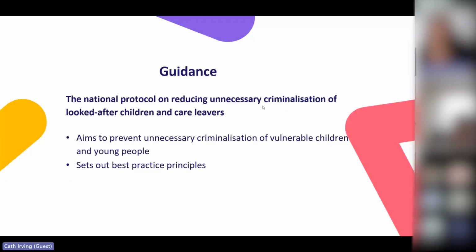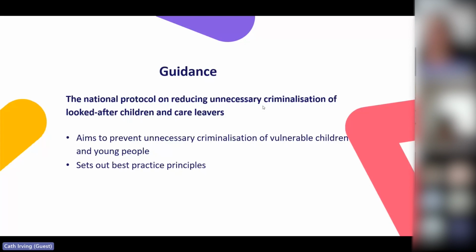So the guidance: we've got the looked after children national protocol. Looked after children and care leavers are overrepresented in the criminal justice system compared to other young people. The national protocol on reducing unnecessary criminalisation of looked after children and care leavers sets out the best practice for avoiding their criminalisation where possible.